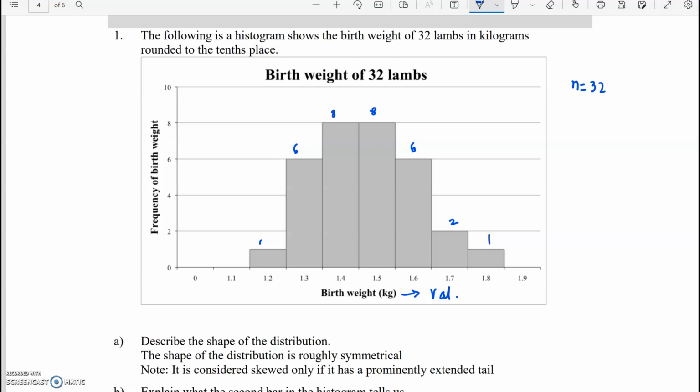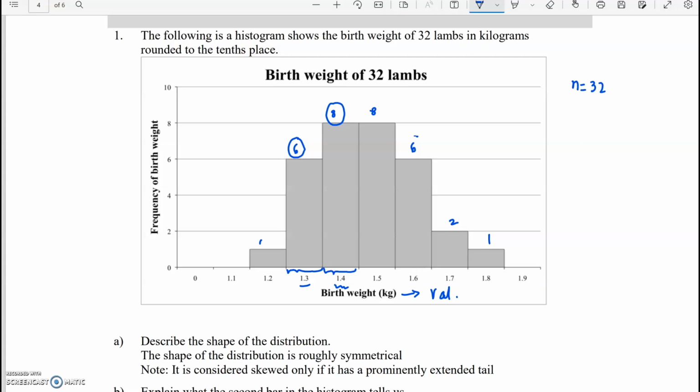What does that mean? Let's look at the second bar. It means that there were 6 lambs of weight 1.3 kilograms. Let's look at the next bar. There were 8 lambs with birth weight 1.4 kilograms.